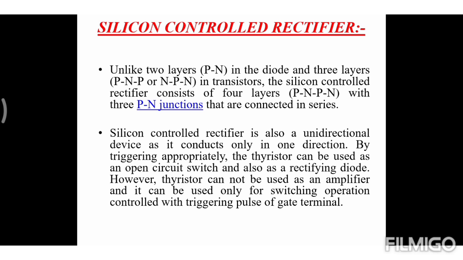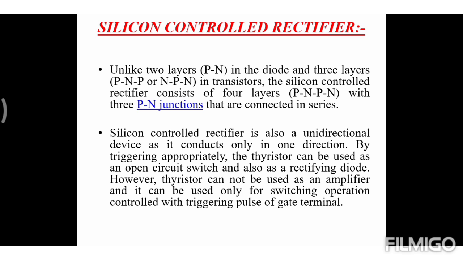Okay? So this thyristor cannot be used as an amplifier. Thyristors act only as switches, with a controlled triggering pulse. That means this SCR is only used for switching applications.